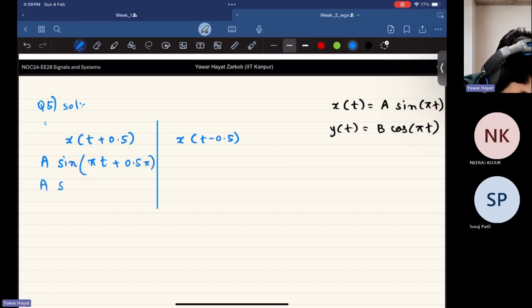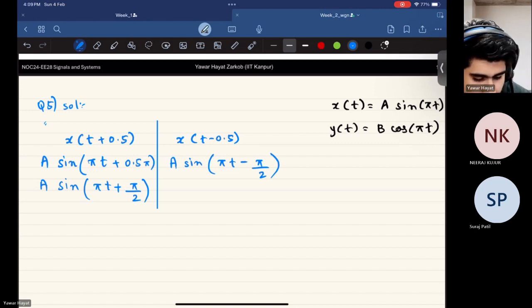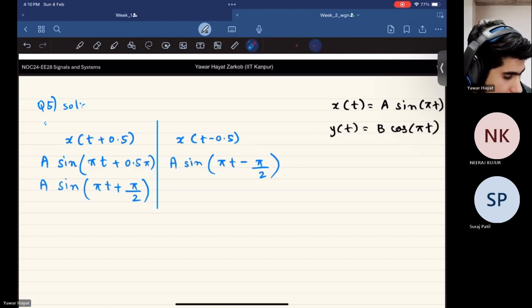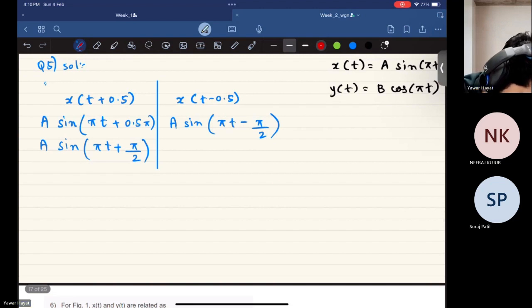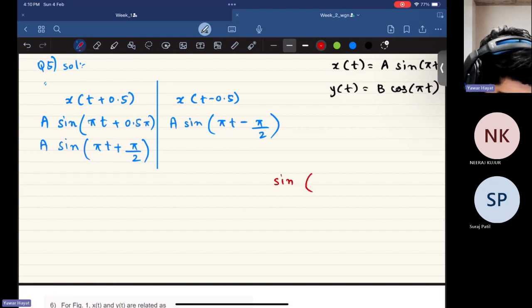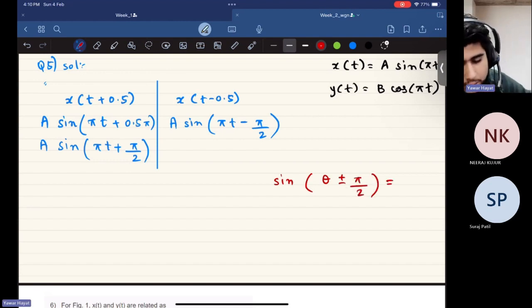So this would be a sine of pi t plus pi by 2. Similarly, this is a sine of pi t minus pi by 2. Now, do you guys remember this one? Sine of theta plus minus pi by 2. What is this equal to?